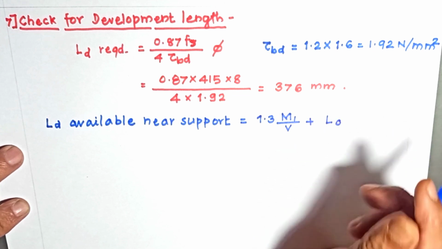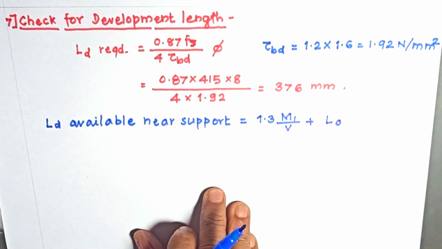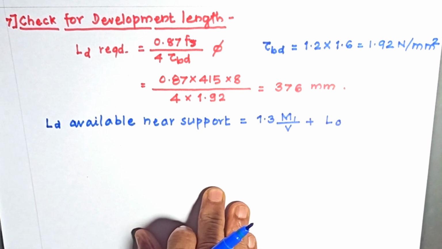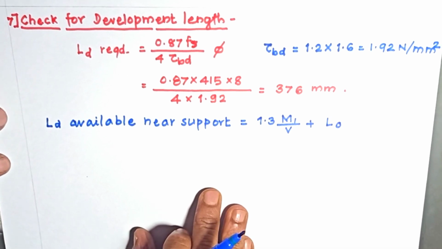L0 is additional extra anchorage which is provided at the end of the bar. Okay. Now, what is M1? M1 is moment of resistance of the cross section.